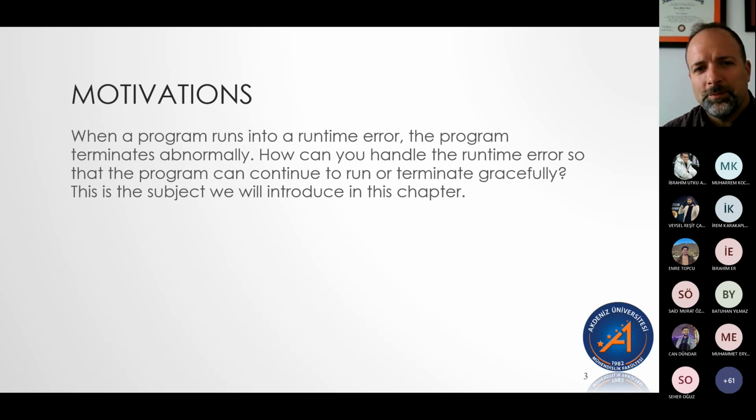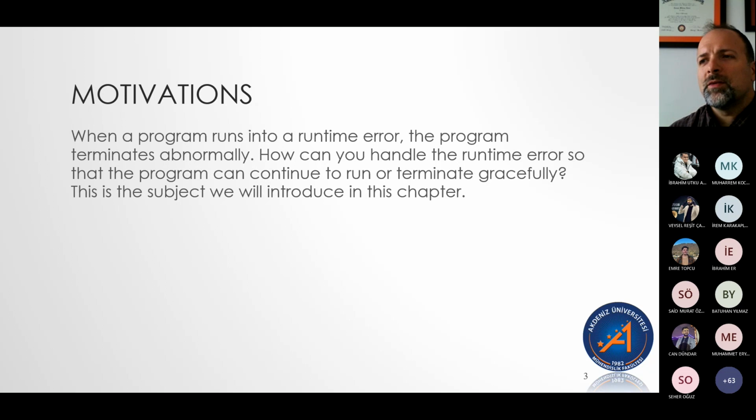For example, if a user enters an invalid value, we need to let them know this is not okay. We shouldn't continue running this method or this program if the user puts an invalid value in, or what else?